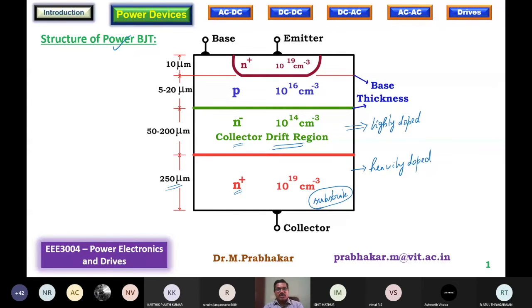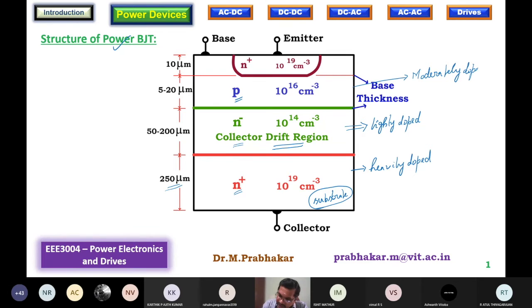Fine. Now coming to the structure of a power BJT, we take an N plus heavily doped substrate, and then we grow a lightly doped collector drift region of sufficient thickness so that the required voltage rating is achieved. And then we have the base, which is going to be moderately doped.